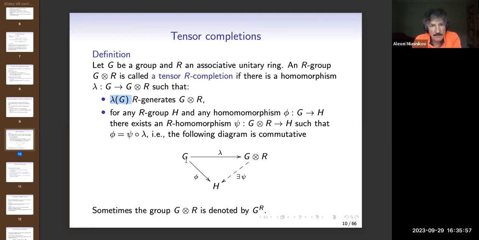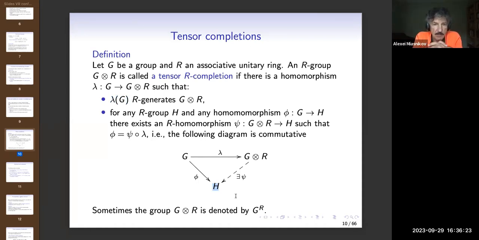It means if you have homomorphisms phi from G into an R-group H, you can make the diagram commutative. So you go from G by lambda to the tensor product, and from the tensor product back to H, and the diagram is commutative.